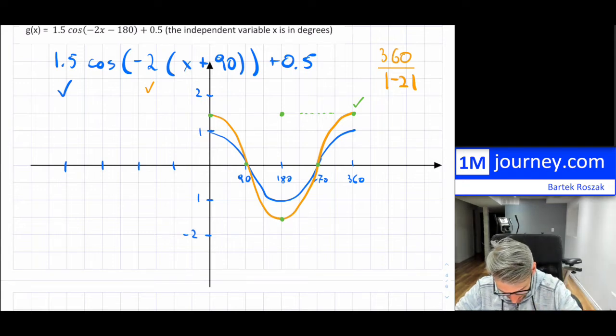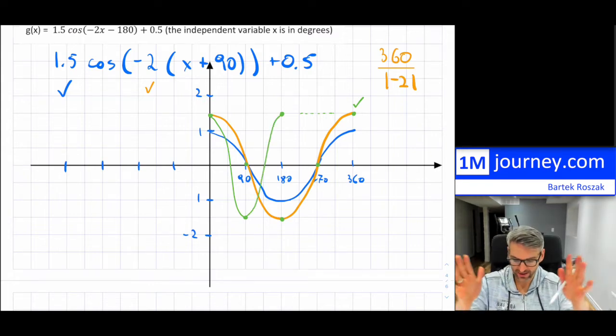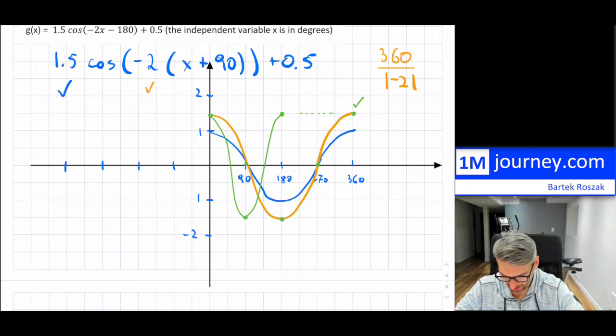This 270 that we have also gets compressed, and then this 180 gets compressed to 90, I guess. So it's going to look a little funny here, but it's going to look kind of like this, and gets kind of like that. So it gets compressed in, and it does get reflected back.